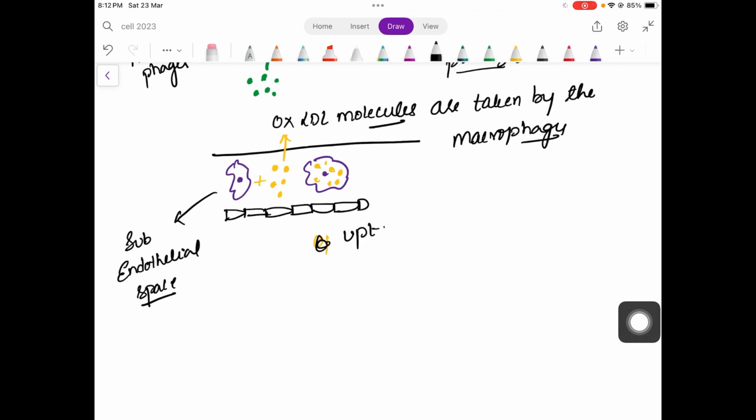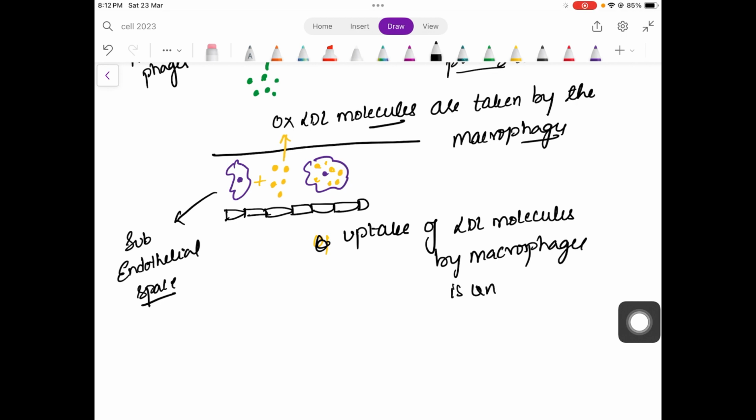So uptake of LDL molecules by macrophages is an unregulated process. Normally the LDL molecules taken up by the cells is a regulated one, but by macrophages it is an unregulated process.